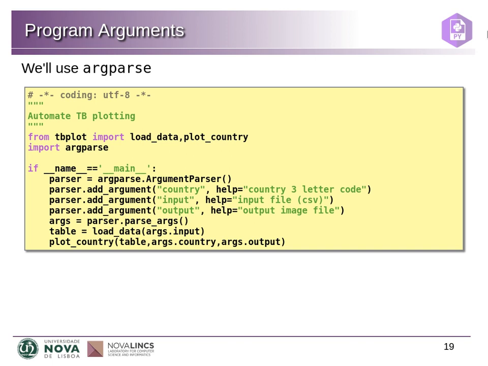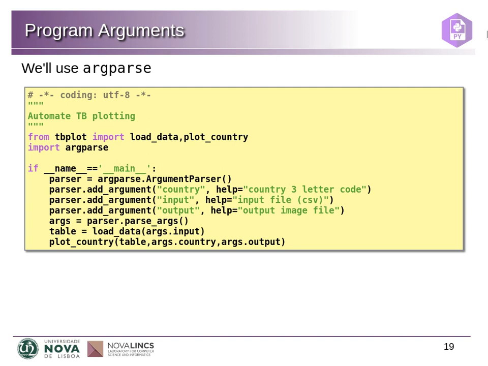So when we do this, the execution does not stop, because when we tell the parser to parse the arguments, if the mandatory arguments are not present, the parser will print that help message and terminate the execution. But if the arguments are present, then we can access them as fields, as attributes in the parser object. So the argument that we called country is here in args.country, the result of parsing our arguments. The arguments that we called input, output, all of these are here.